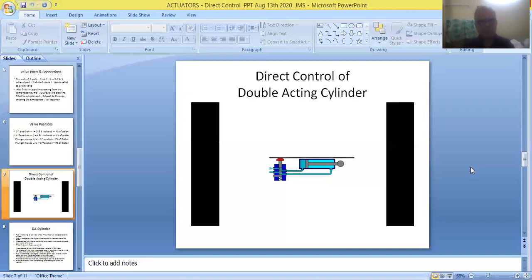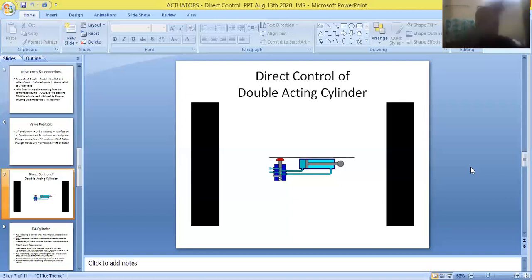So friends, before ending the session, I have given all the theoretical information pertaining to valve positions, valve connections, valve elements, valve ports, and cylinder arrangements, cylinder elements, cylinder ports, and cylinder connections, and so on and so forth.